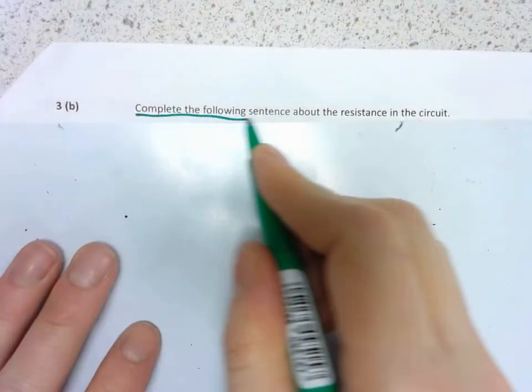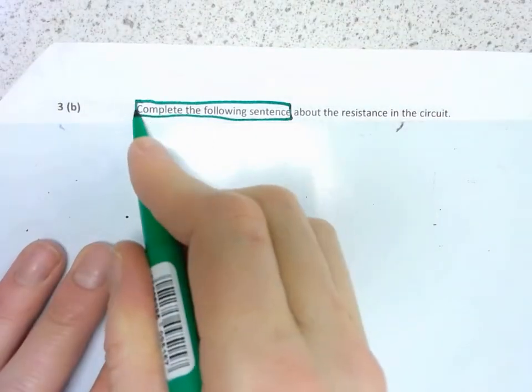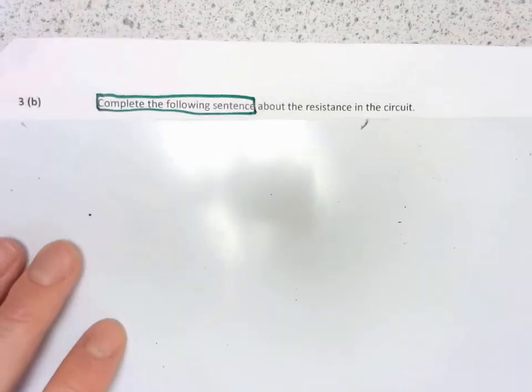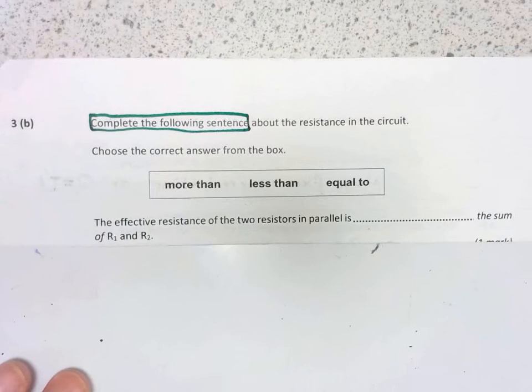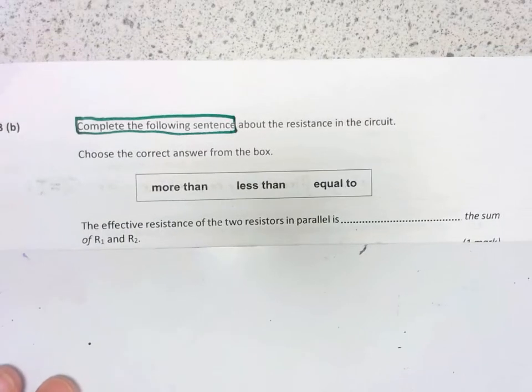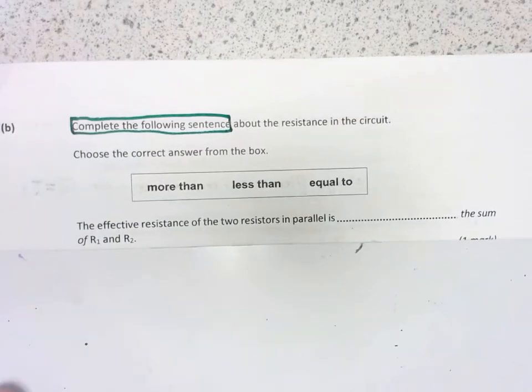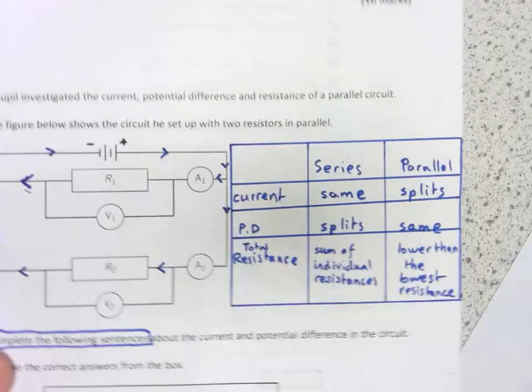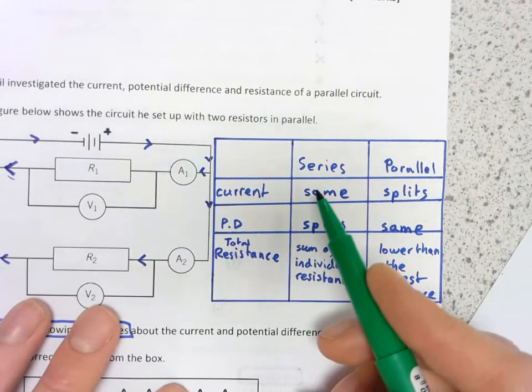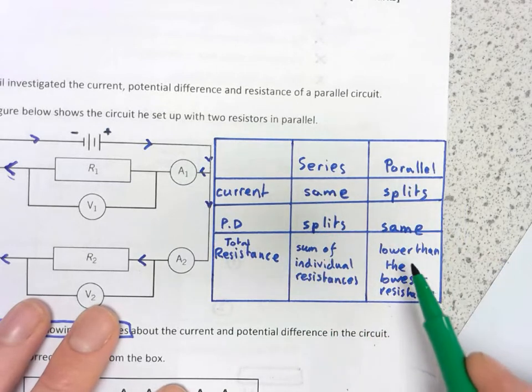Got some more sentences to complete. Complete the following sentence about the resistance in the circuit. The effective resistance of the two resistors in parallel is, now here I will need my resistance column. Total resistance in series we don't need, in parallel is lower than the lowest resistance.